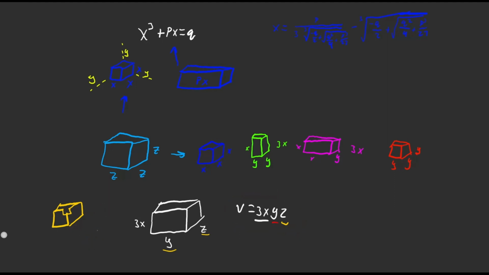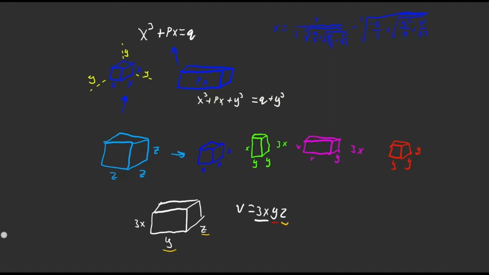So now that we have that, we add y cubed, which converts our equation to what I had shown earlier: x cubed plus px plus y cubed is equal to q plus y cubed. So that's the reason we had to add y cubed.